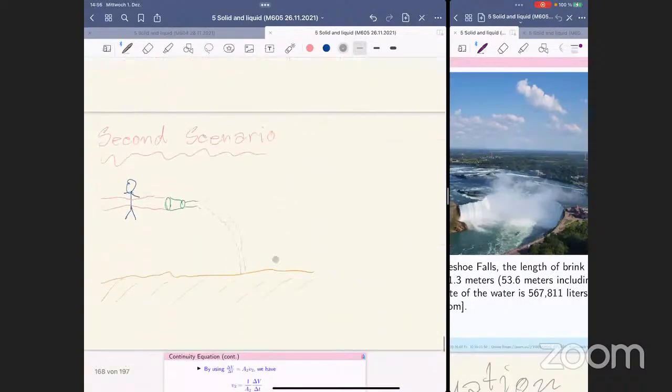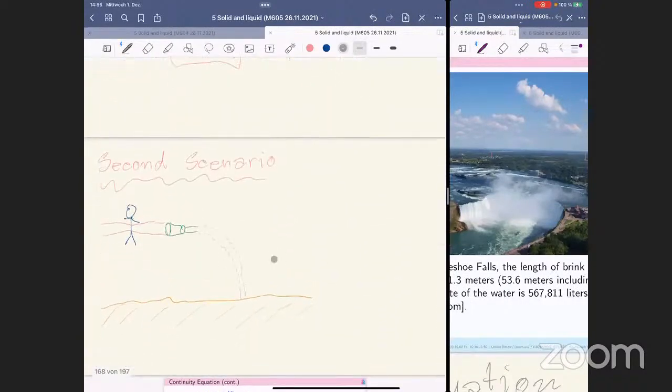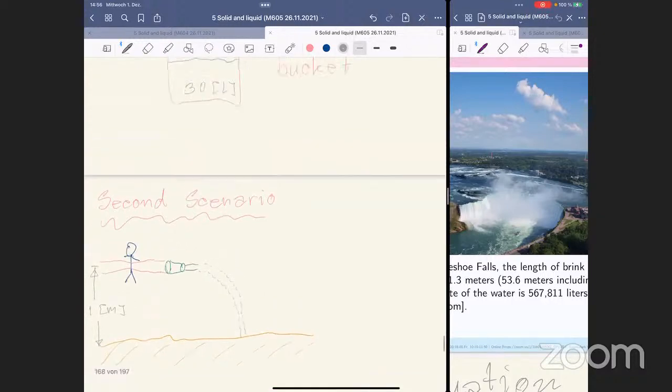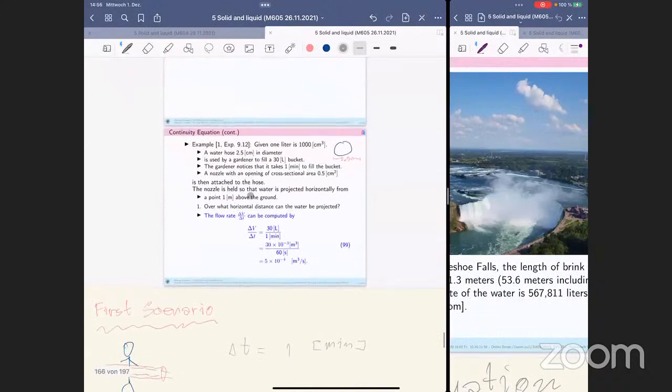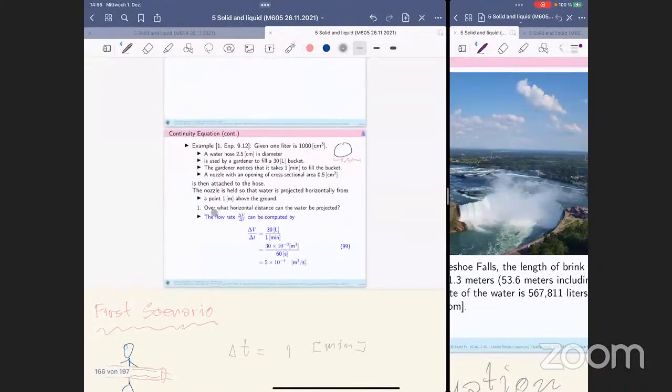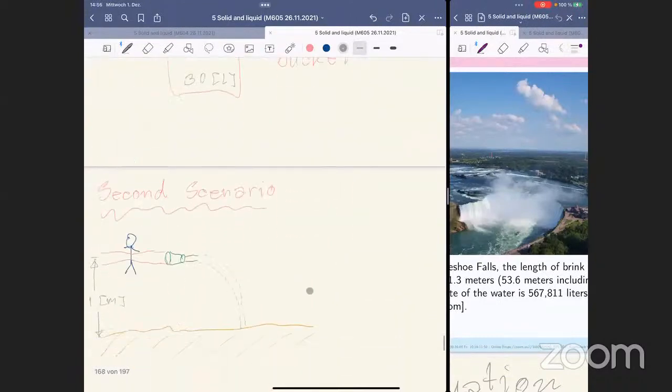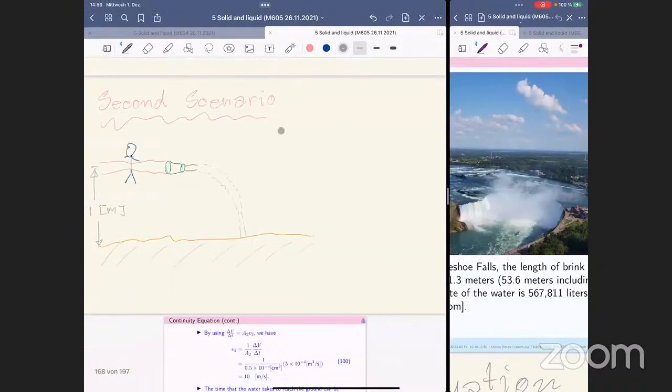So the height here is above the ground. Over what horizontal distance can the water be projected? So they want to know the distance here.